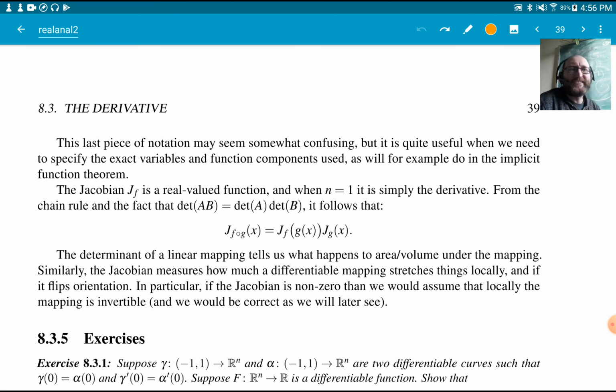Now, if it's -5, it will take every shape and map it to a shape of area 5 times as large, but it will also flip orientation. So whether the determinant is positive or negative tells you what happens to the orientation, and the absolute value of the determinant tells you what happens to area.